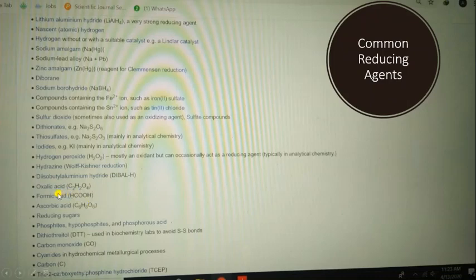And then similarly oxalic acid, formic acid, ascorbic acid, reducing sugars, phosphides, hypophosphites, and DTT, that is dithiothreitol, and then similarly carbon monoxide, cyanide, carbon black, and so on. So these are the common reducing agents that we usually use.